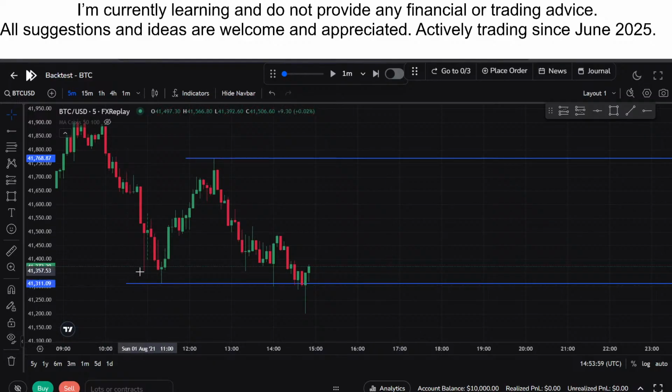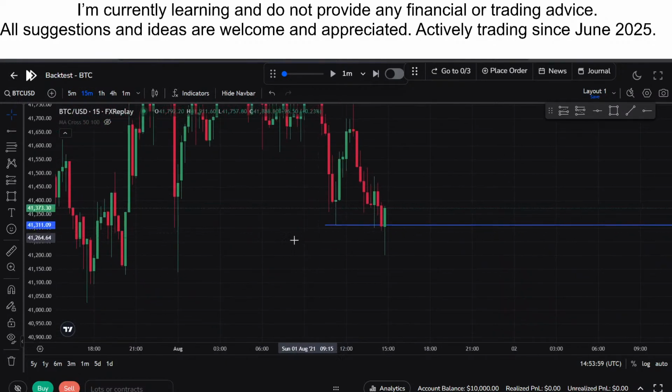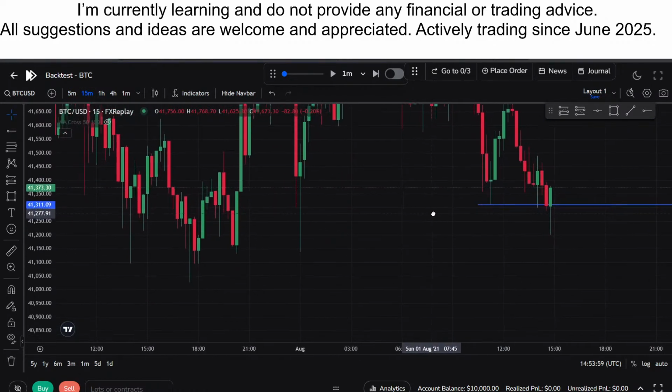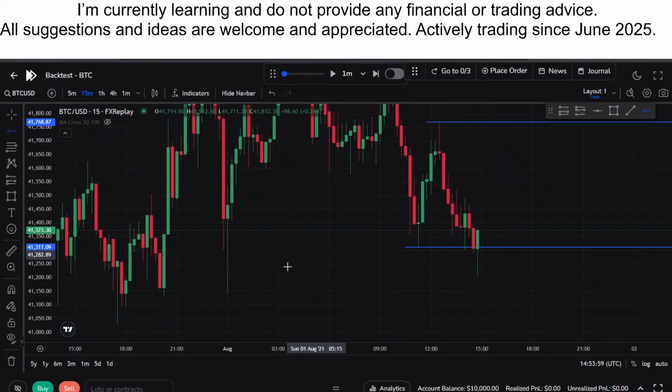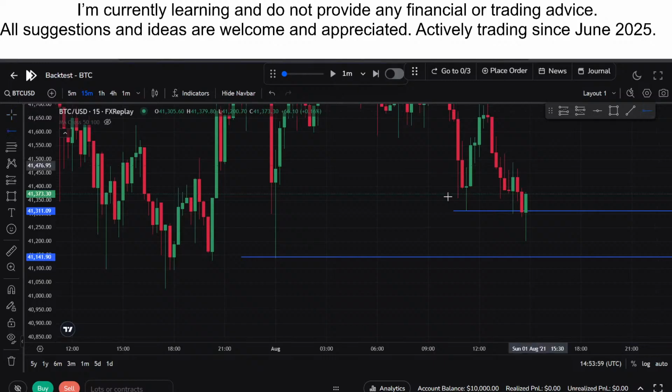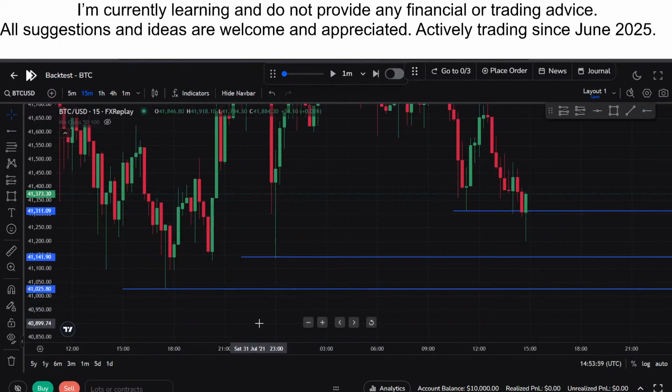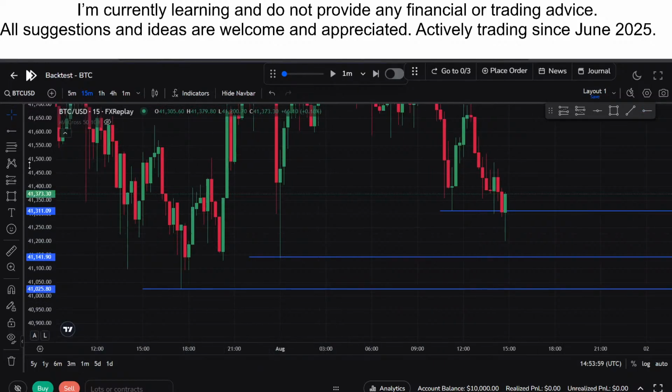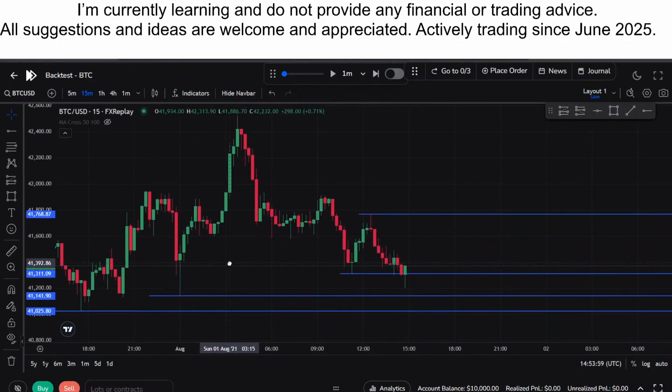So here we can see there are two liquidity areas in the 5 minutes chart. Let's check the 15 minutes chart, and there also we can see there is a liquidity in this area, another, and there is a liquidity here also. So let's zoom out.